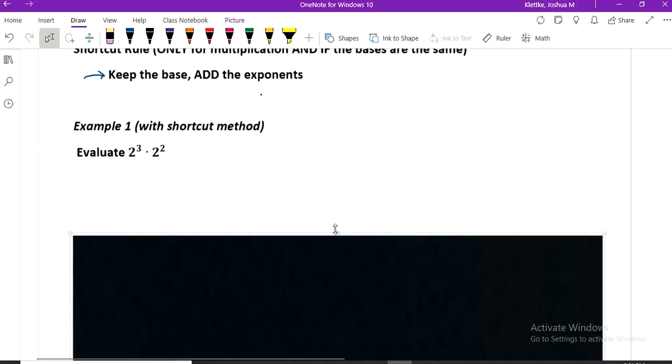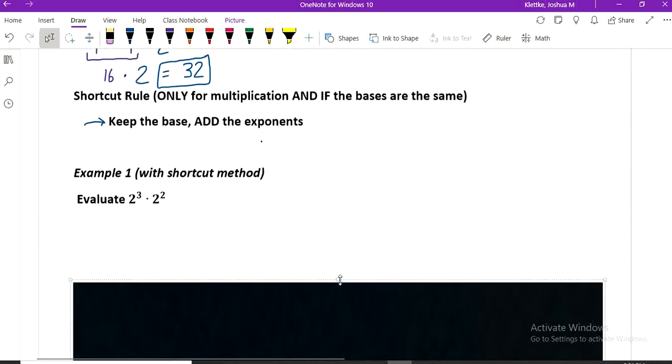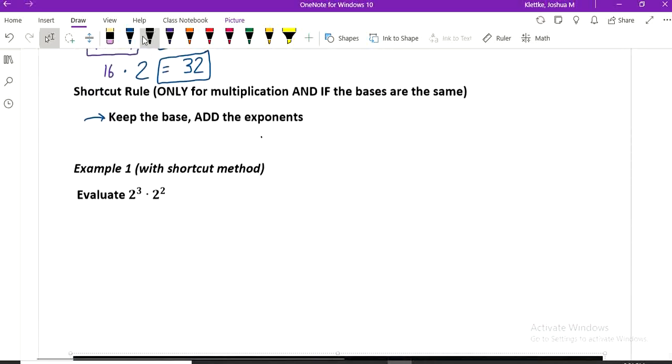So if we look at example 1 again, we have 2 to the third times 2 to the second equals, first thing we have to do is check, okay, it is multiplication. You see the multiplication dot right there. And the bases are the same. Both bases are 2.